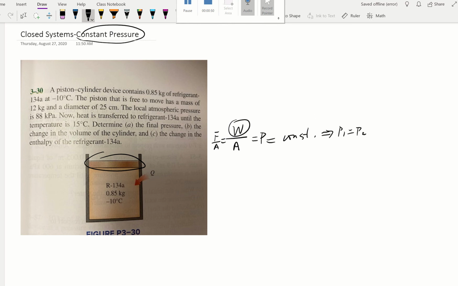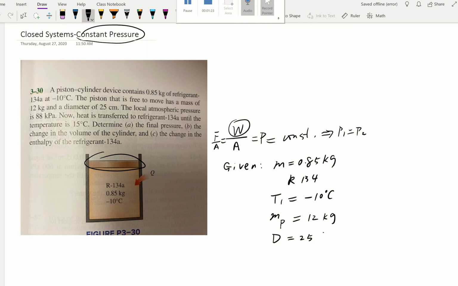So let's read out what we have here, and while we read, we write down what's given. A piston device contains 0.85 kilogram of refrigerant R134a, and the initial temperature T1 is -10 degrees Celsius. The piston, which is free to move, has a mass of 12 kilogram, and the diameter is 25 centimeter.